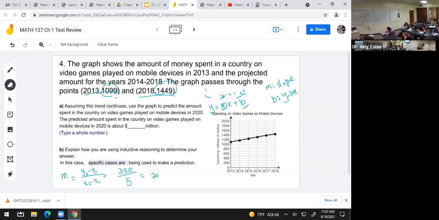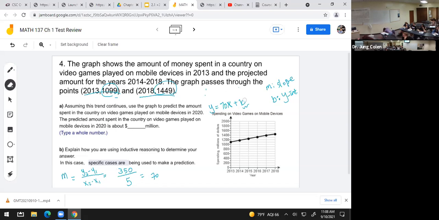I'm going to erase this one, because it's the same thing. So the slope is 70. 70x plus, how about b? We already found it, right? The y-intercept for our case is the price in 2013, and it is given here, 1,099.